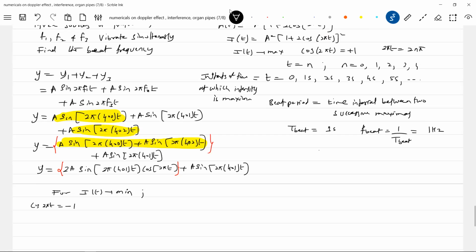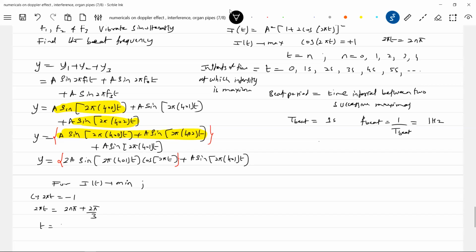For cos 2 pi t to be equal to minus 1, 2 pi t should be equal to 2n pi plus 2 pi by 3. Am I right? Check it once. So this should become n plus 1 by 3. Is it minus 1 by 3? Sorry. Check once. Is it n minus 1 by 3 or n plus 1 by 3?